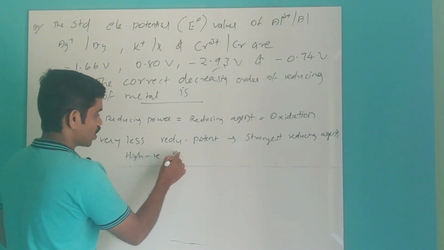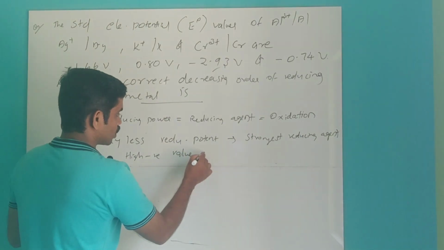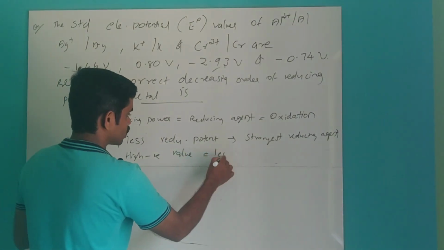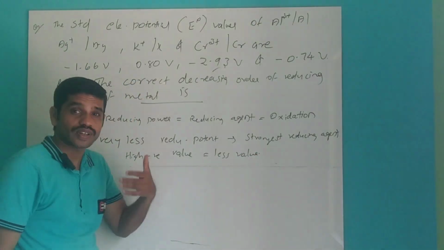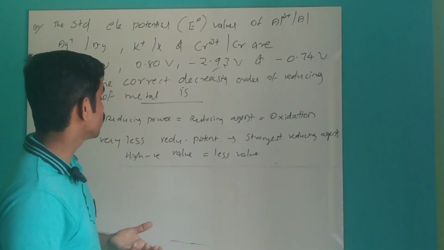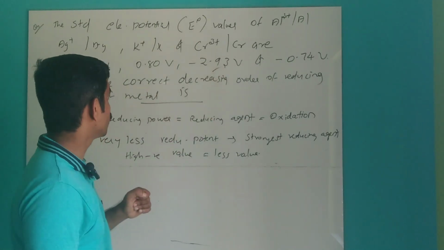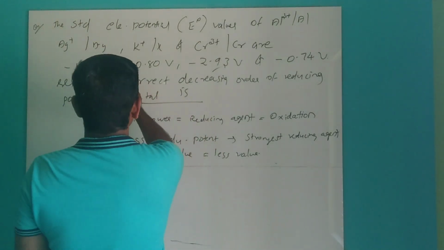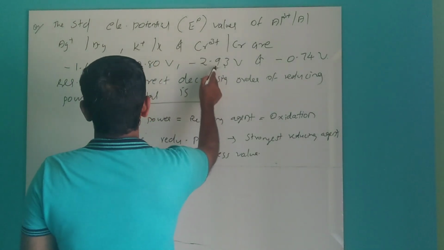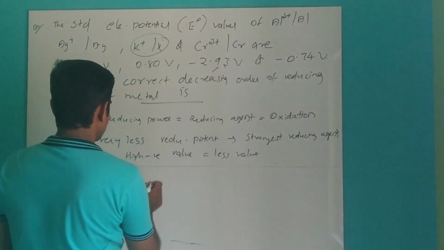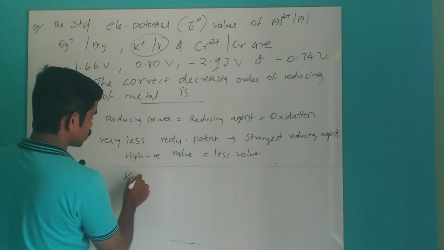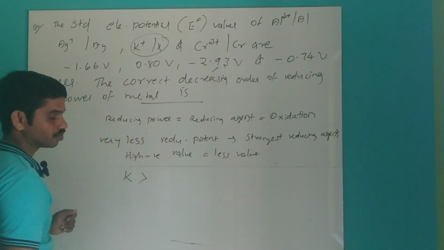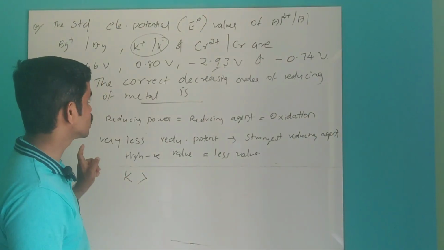High negative means a very low value. So which is the very low value? Minus 2.93 volt, which corresponds to the third one, that is potassium. So potassium will come first in decreasing order, the strongest reducing agent.